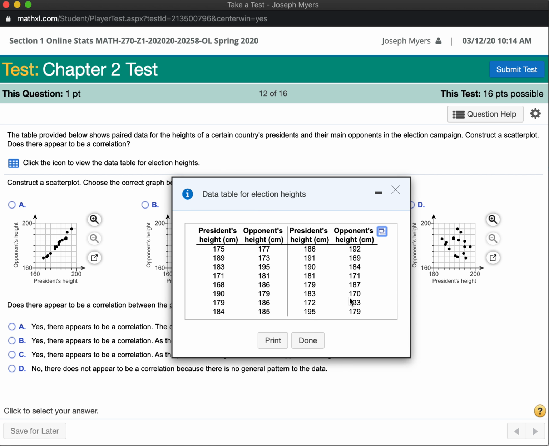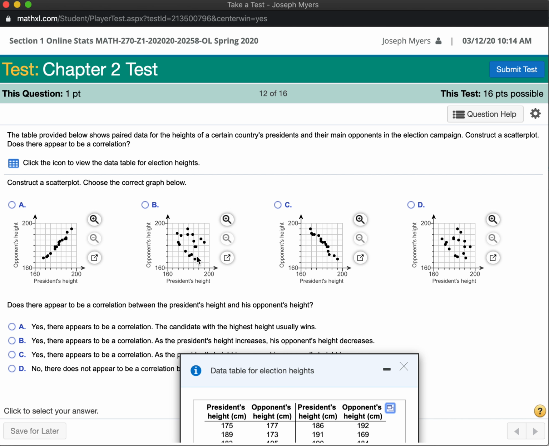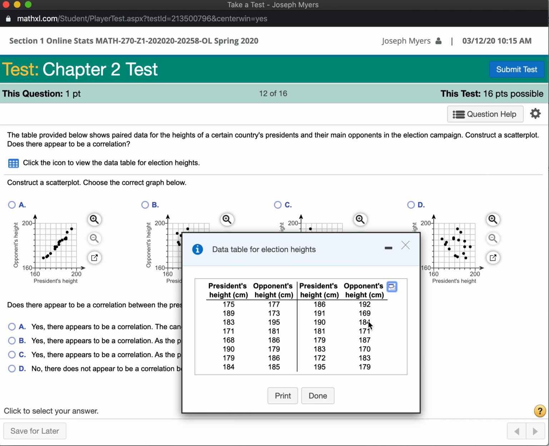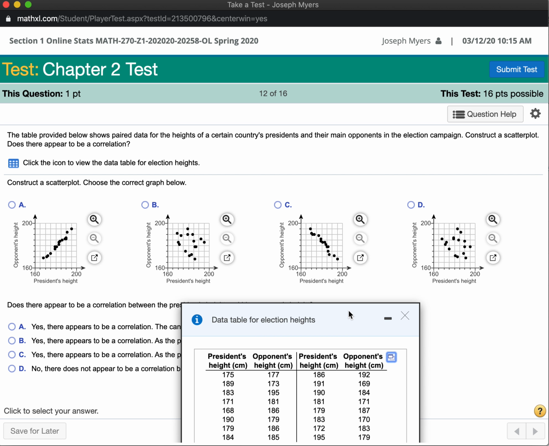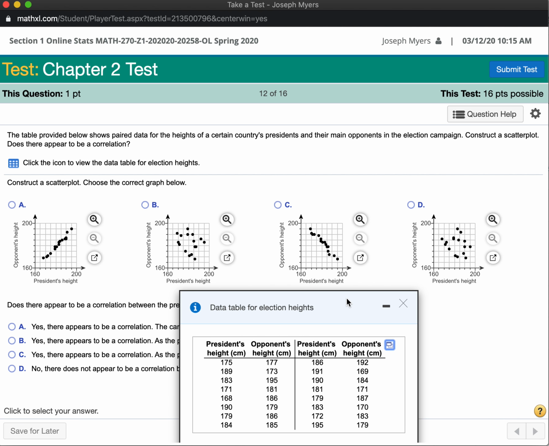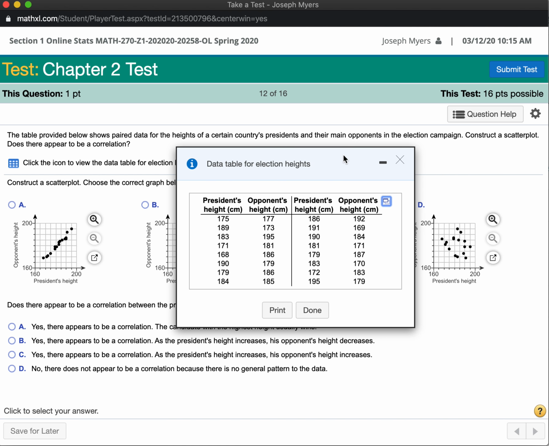The lowest opponent's height was 169, and that happened at 191. So I think this is really hard to figure out. There are so many really close data points.